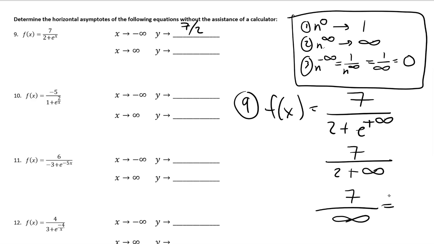And then in our fraction, if the numerator is stuck at 7, but my denominator just keeps getting bigger, then this fraction is kind of like this last step here. This whole fraction would go to 0.